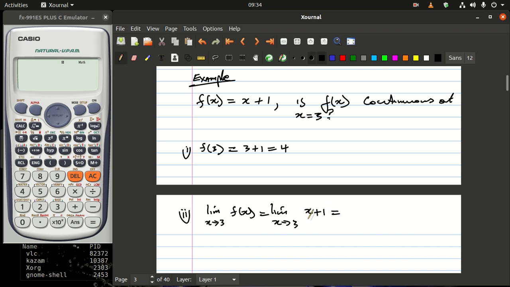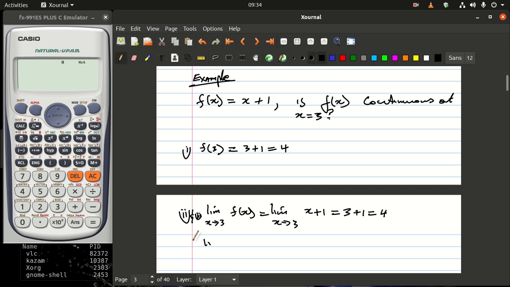If you look carefully at this example, if I plug in a 3, I get some value, and that value must be the limit. I plug it in and get 3 plus 1, which is equal to 4. Because the limit is 4, the limit exists. This deals with condition number 2 and condition number 3 at the same time.